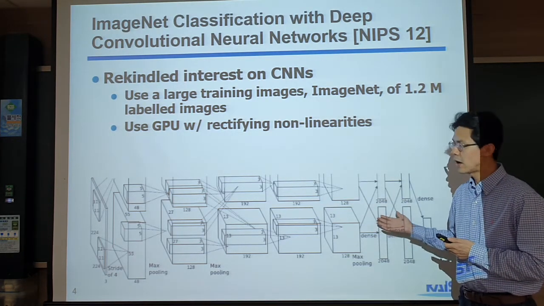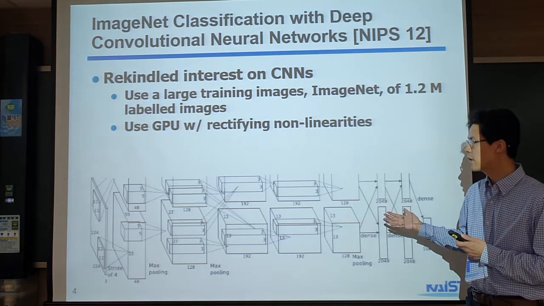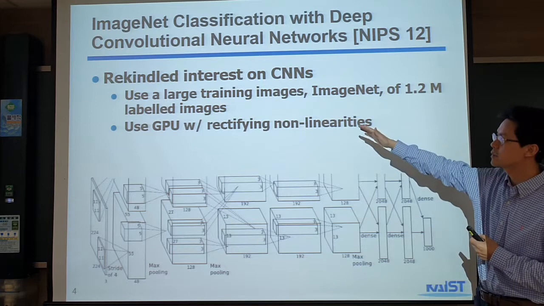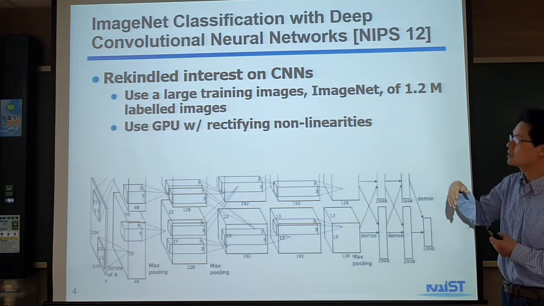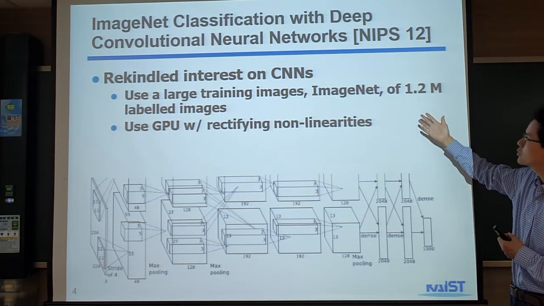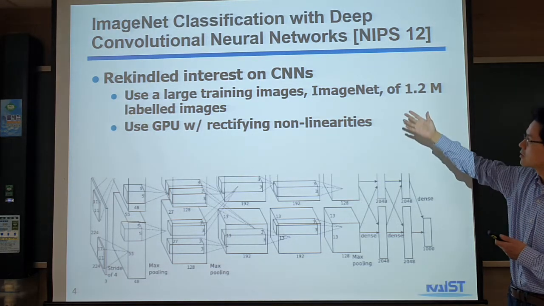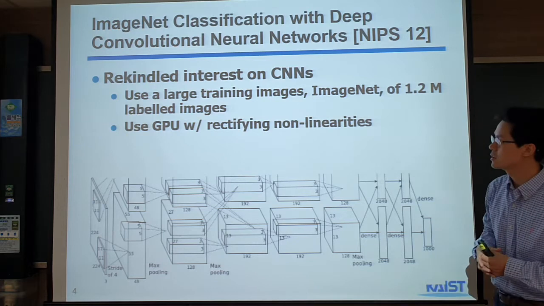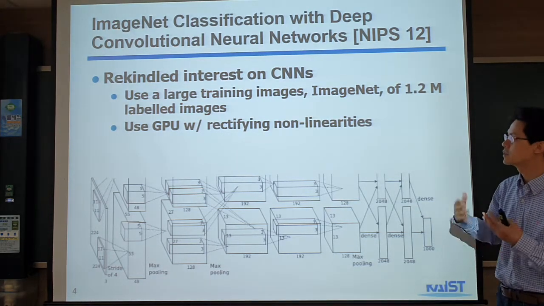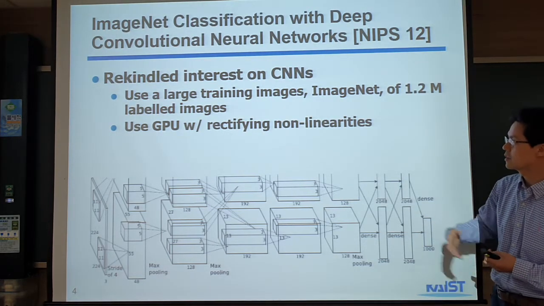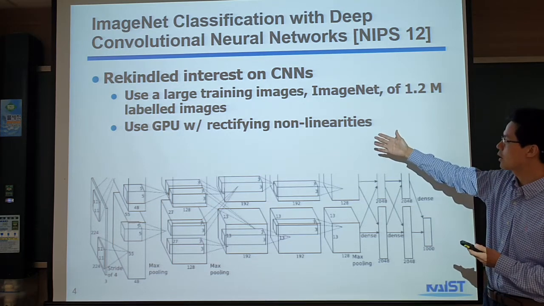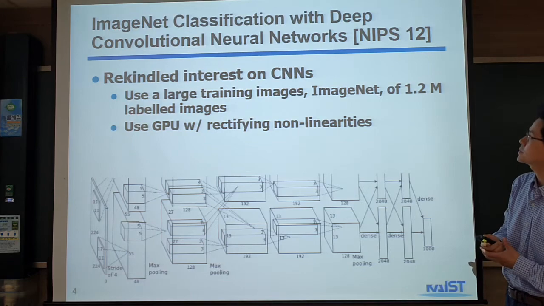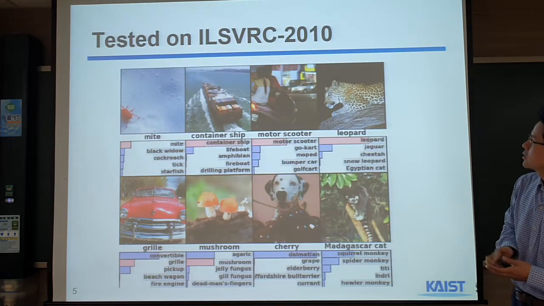The main reason they achieved very good results is that they were able to utilize a large training dataset, about 1.2 million labeled images from ImageNet, and they were able to use the GPU with some improvements in deep learning, such as the rectified linear unit, and some other techniques.